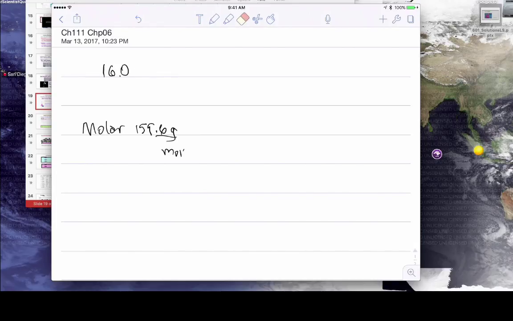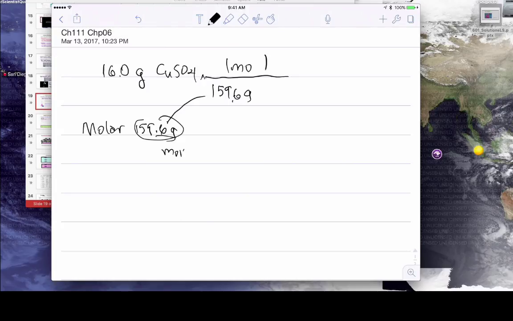Let me erase that. Grams copper sulfate. Then we can use something called dimensional analysis. We put this number in the bottom, 159.6 grams, over 1 mole, because when you have this molar mass, it basically means that 159.6 grams equals 1 mole.